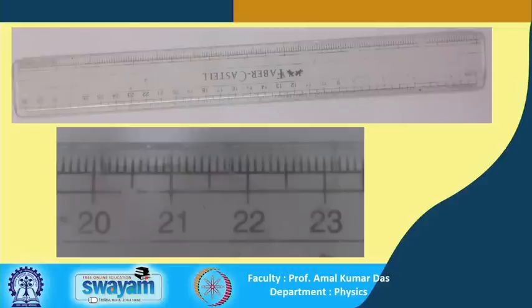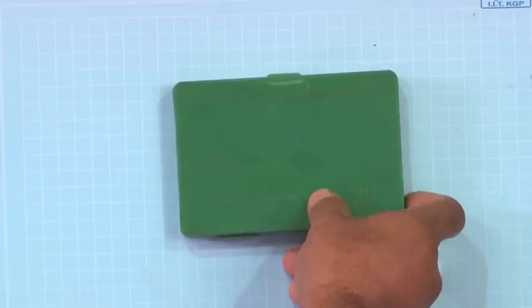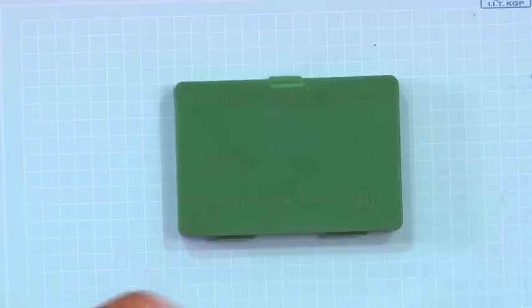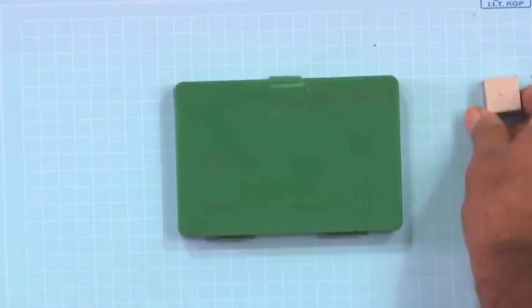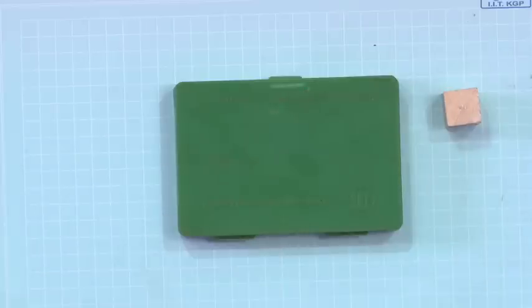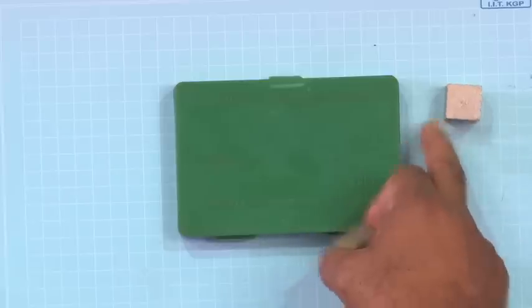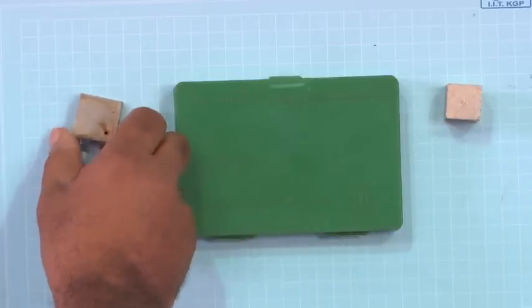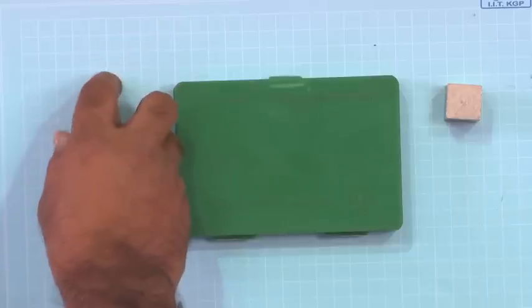Say if I ask you to find out the volume of this rectangular box, or the volume of this square shape body, or this rectangular shape another piece of body.